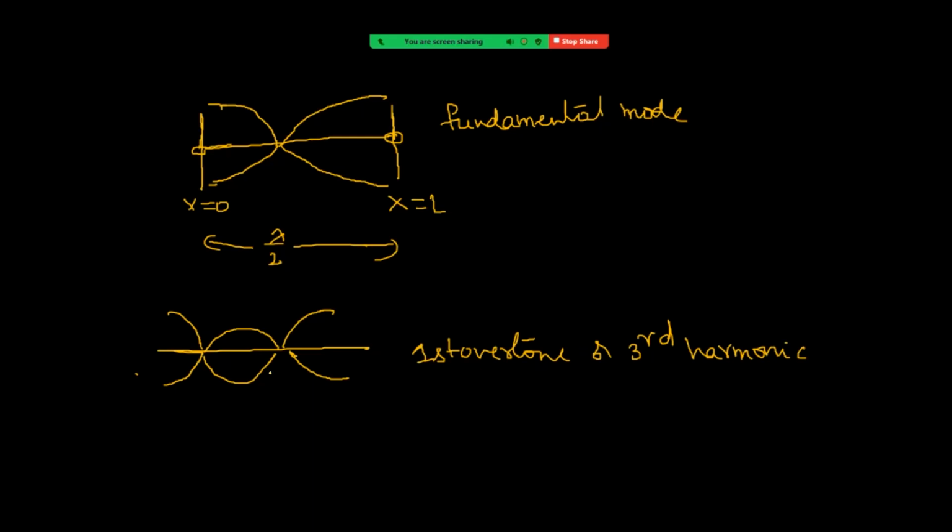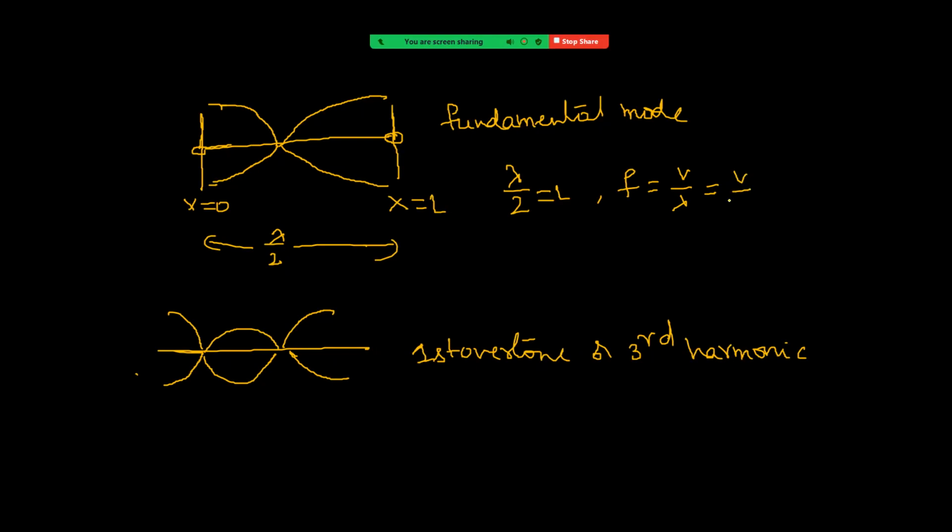You can see why there is no second harmonic. So coming to the first one, lambda by 2 is equal to L. Frequency F equals, so we know V equals F lambda. So F equals V by lambda, and lambda equals 2L.